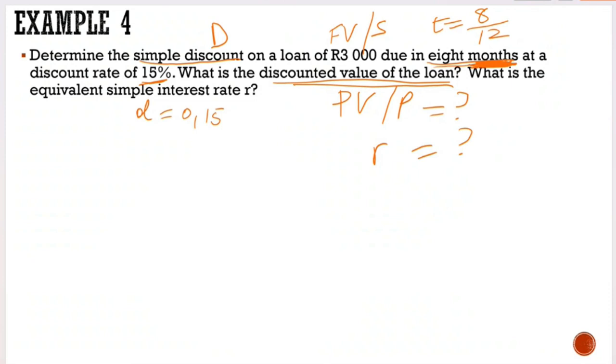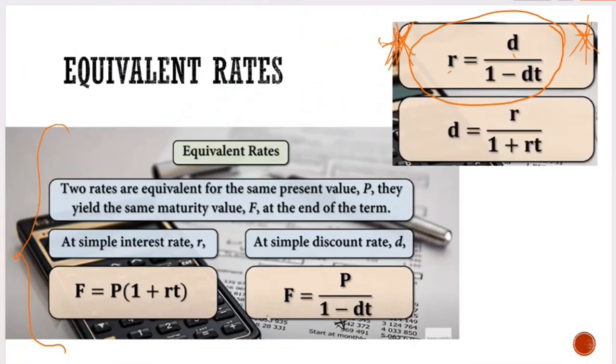Remember, I said if you've got a context whereby there is a rate of a discount, and also there is a rate of an interest rate, you use that formula. I'm going to pull up the formula when we get there. The formula that we are going to use is R is equal to d over 1 minus dt for an equivalent rate.